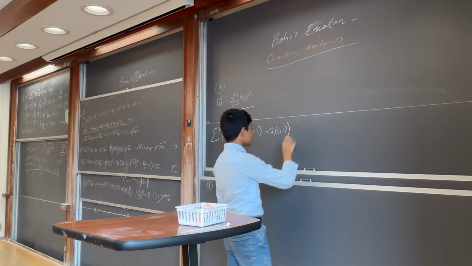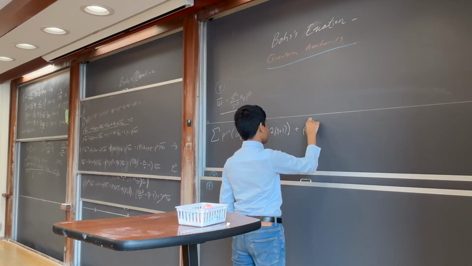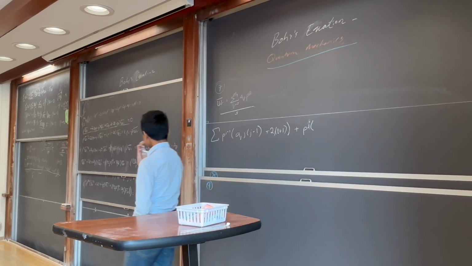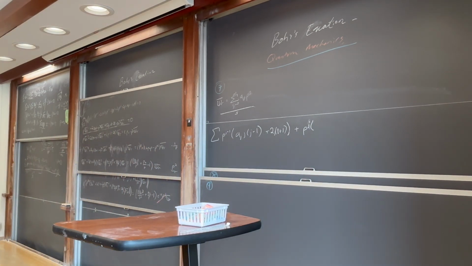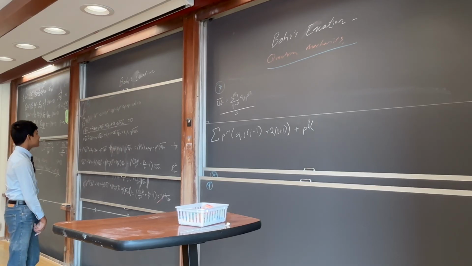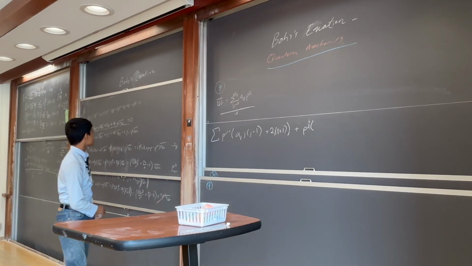Then you have all the rho to the j terms. Would there even be rho to the j minus 1 terms? All rho to the j terms are minus 2j minus 2 minus rho naught.